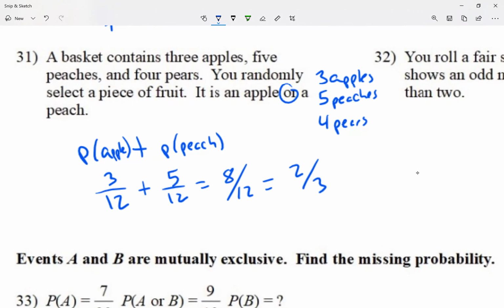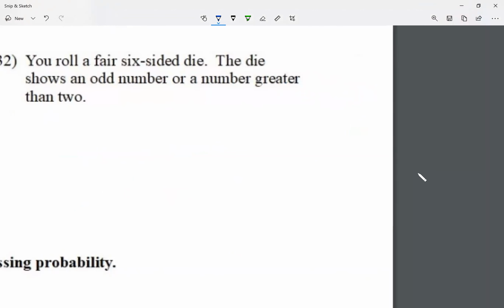Now question number 32. You're going to roll a fair 6-sided die. Okay, so the die, we know that it gives me either a 1, a 2, a 3, a 4, a 5, or a 6. That's what we call a 6-sided die. The die shows an odd number, the probability that it's odd, or, so I do a plus, a number greater than 2.